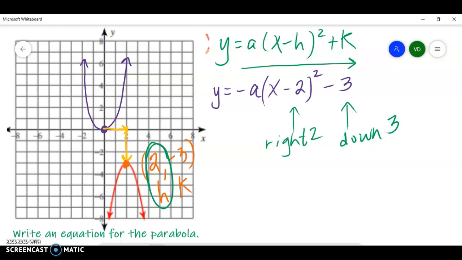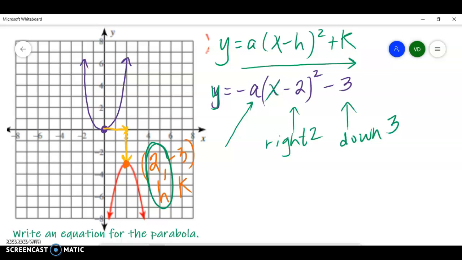Okay, so now we're going to work on how to find what my A value is. Everything else is correct, it's in place. So now, to figure out what that A should be, we need to find an X and a Y on my curve.